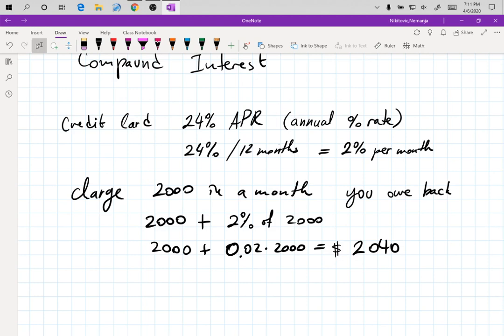Now, obviously, this all gets much worse when you go to those companies and open the store cards, right? Like Macy's and all of these retailers that are actually having 30, 31, 32% APR.